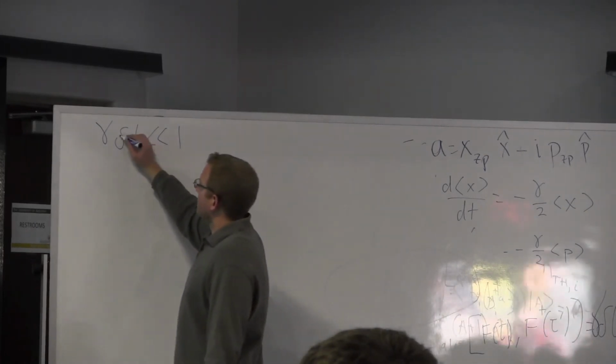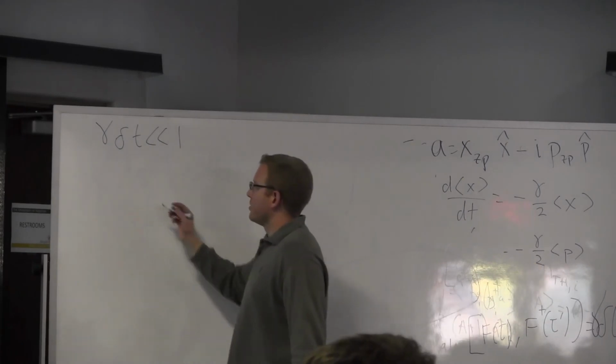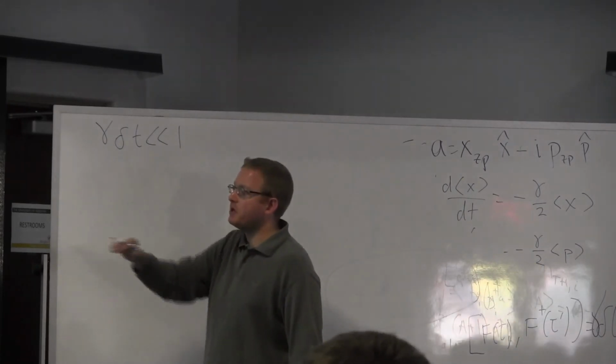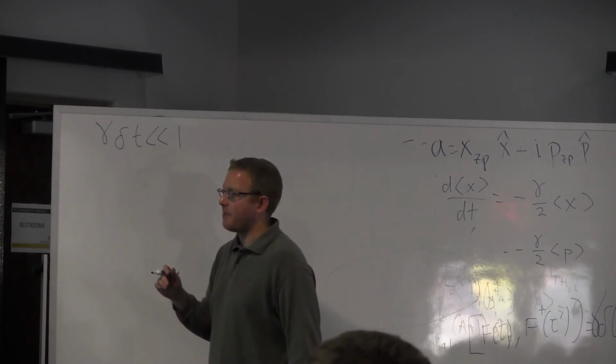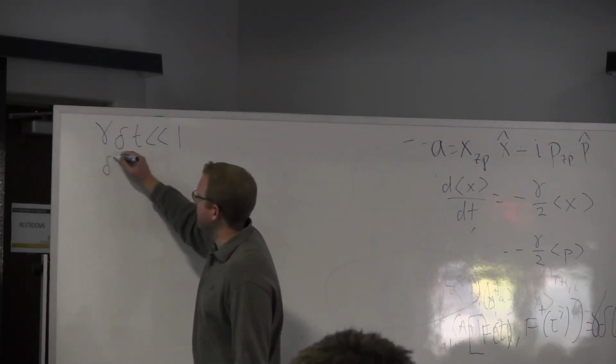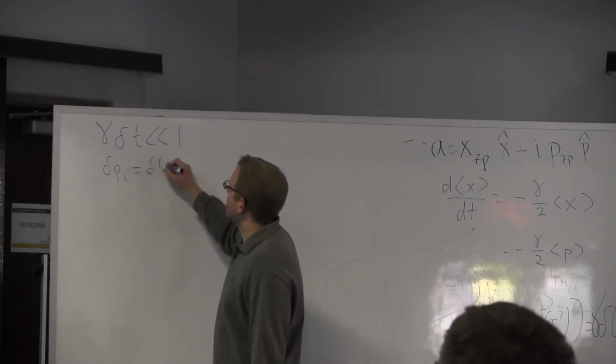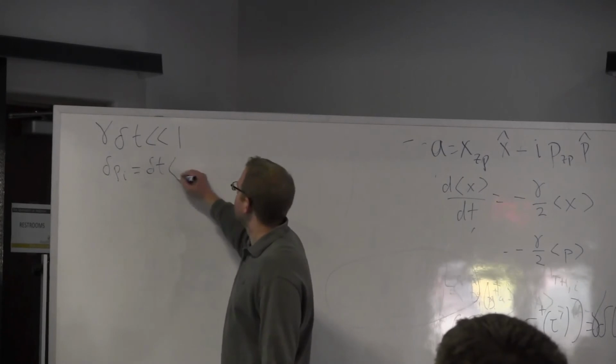All right, so now the probability of a jump happening I can work out. The probability that a particular one of these jumps happens is given by the jump operator expectation value times delta t.